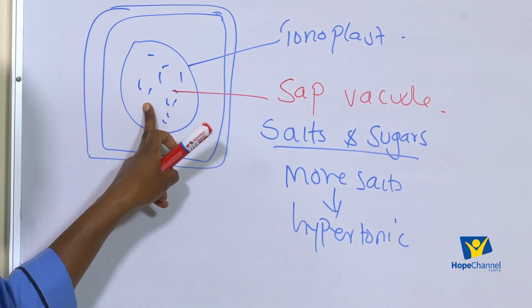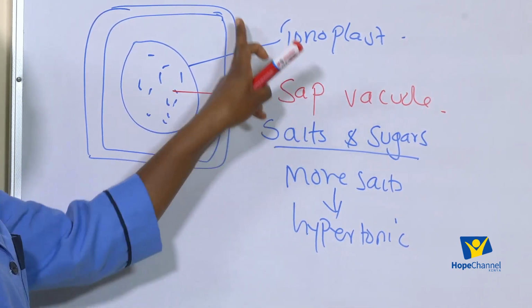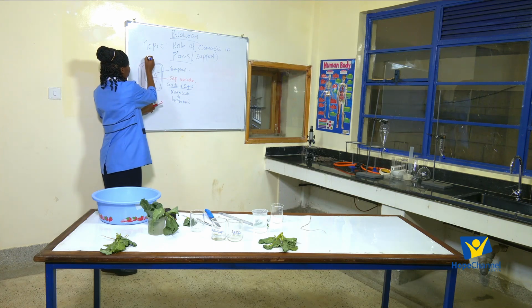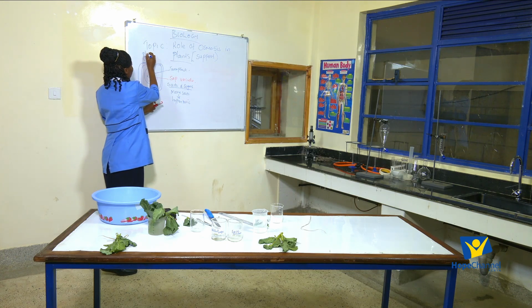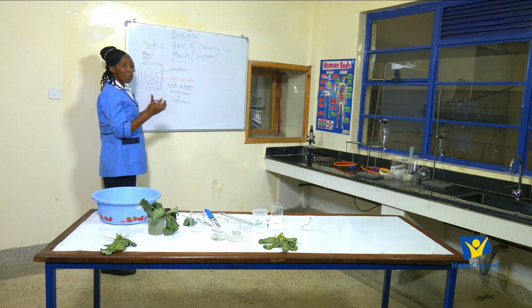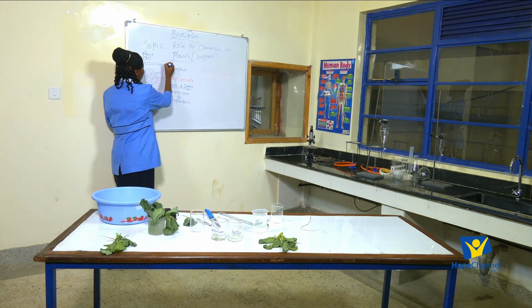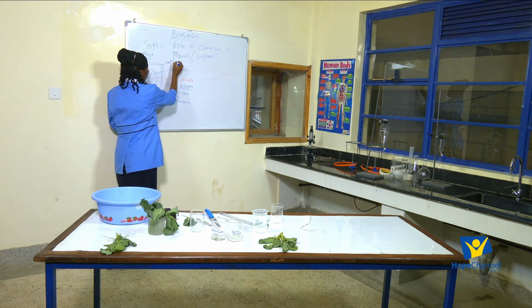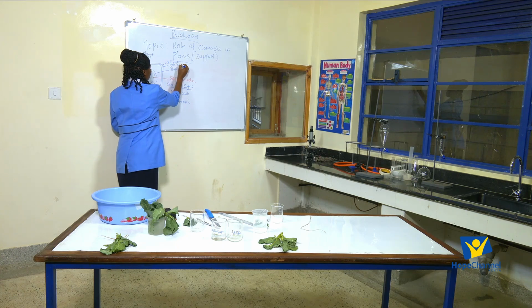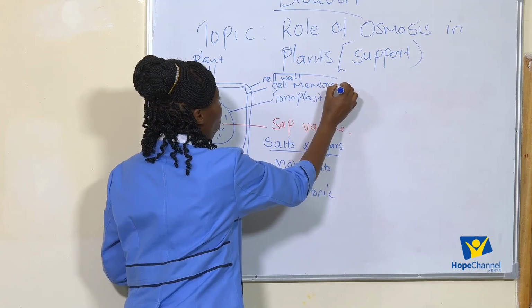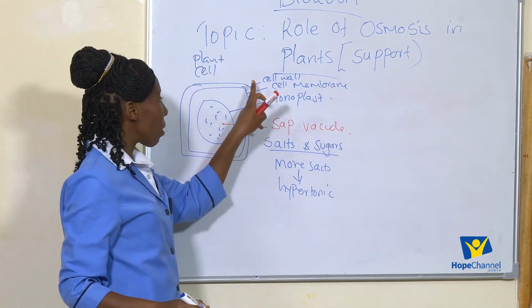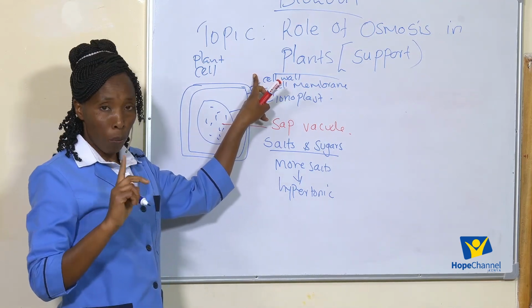What happens is this plant, now the plant cell, remember we are talking about a plant cell, now draws in water. Remember, this plant cell has the cell wall. Okay, this plant cell has the cell membrane. And what we know about the cell wall is that the cell wall is permeable.